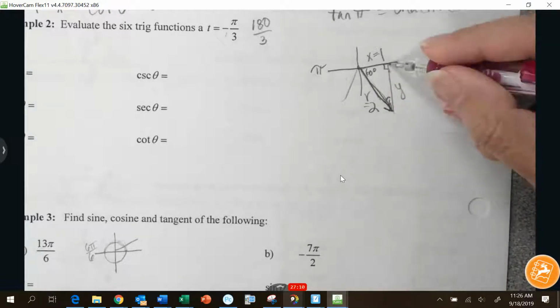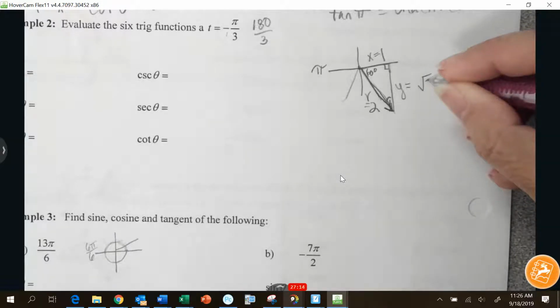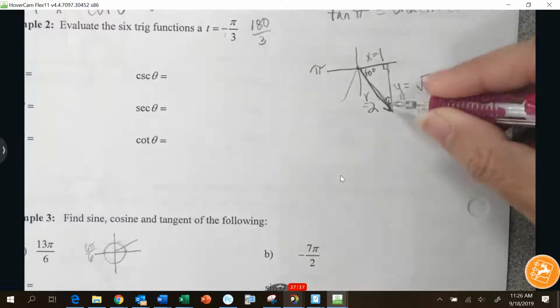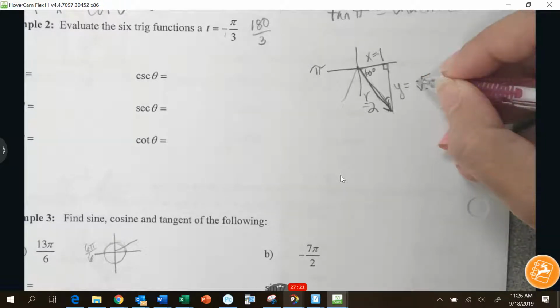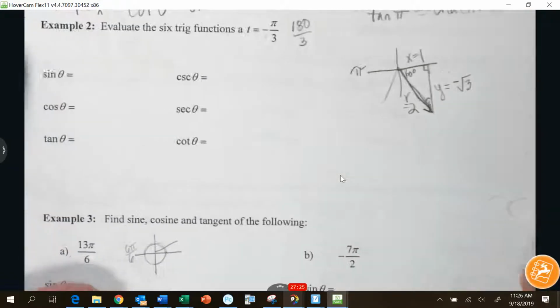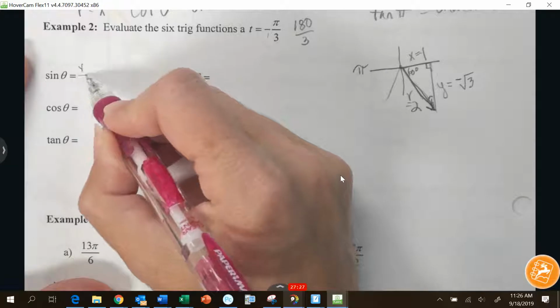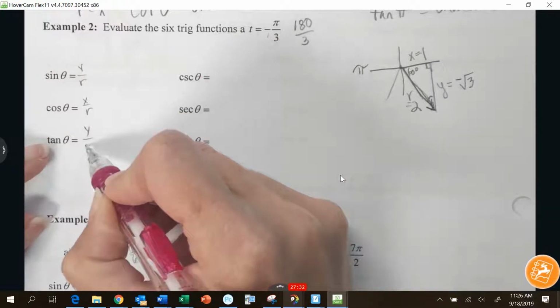That means this side, which is y, is going to be our radical 3. Except, if I'm going down, what do we do with our radical 3? It's going to be negative. So now I go in and find my sine, cosine, tangent. Remember, sine is y over r. Cosine is x over r. Tangent is y over x.